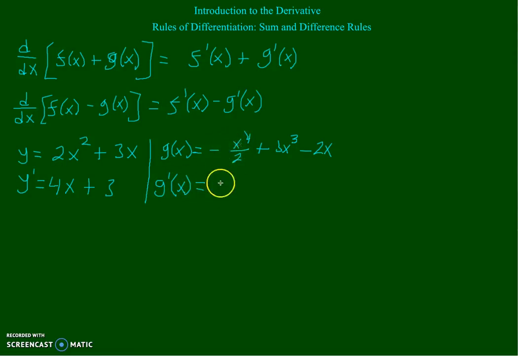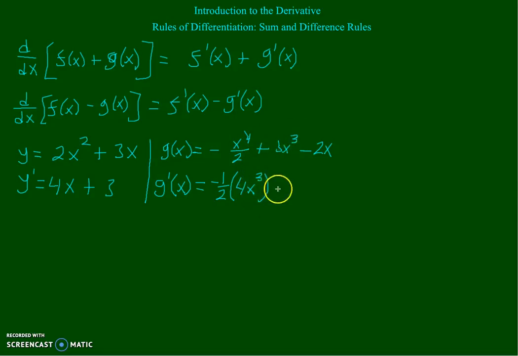equals, let's pull out the 1/2, so negative 1/2 times, we'll bring down the 4x, subtract 1 to the third.